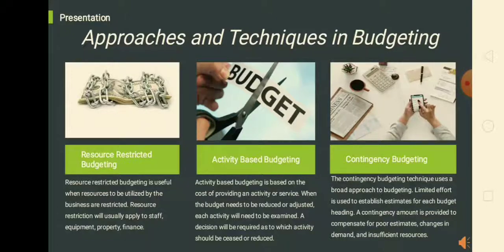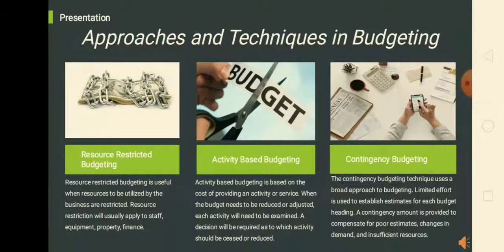Number 4 budgeting technique is the resource-restricted budgeting. It is used when resources to be utilized by the business are restricted. Resource restriction will usually apply to staff, equipment, property, and finance. There are many reasons for restricting resources.